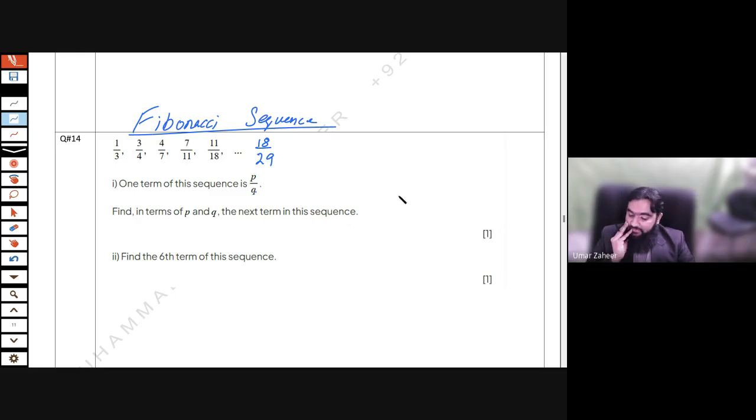Now it says that you have to find the relation. What is the relation here, in terms of P? The upper value, he says, is P and the lower value is going to be Q. So how will you write the sequence? The second term is basically the first term of this one, right?